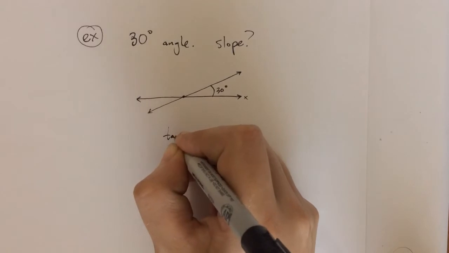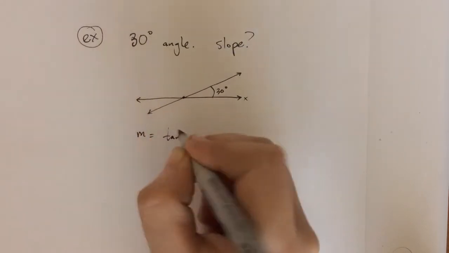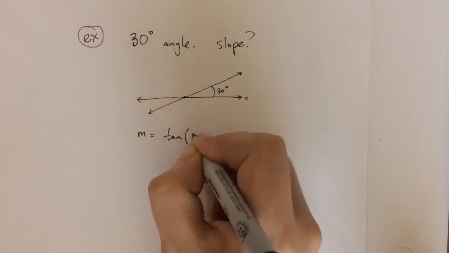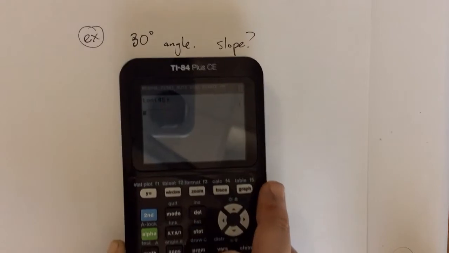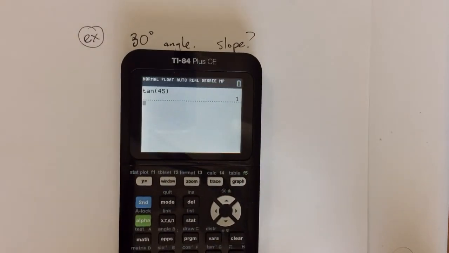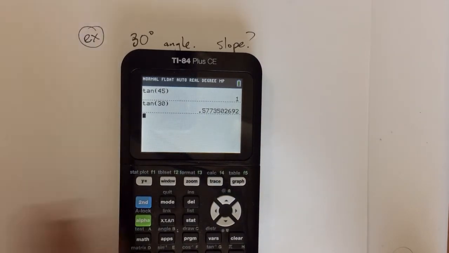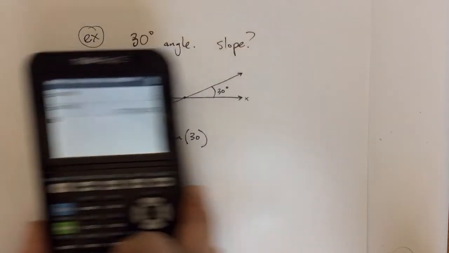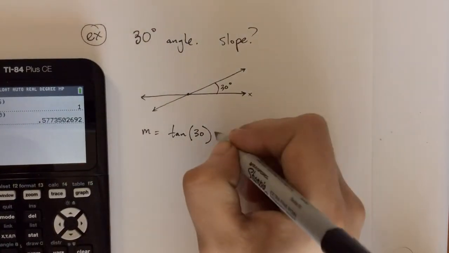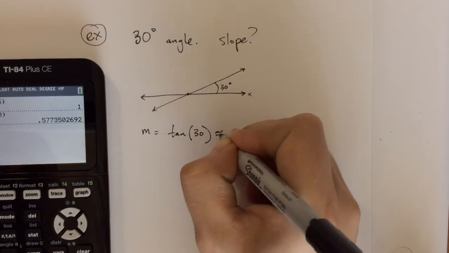So what I'm going to do is say m equals tangent of 30. Then I'm going to put tangent of 30 in my calculator. Tangent of 30 is 0.57735. So we're going to use 3 decimal places for tangent values, I think, is appropriate.